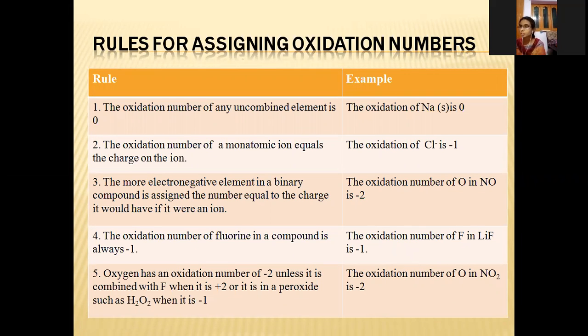The oxidation number of fluorine in lithium fluoride is -1. Oxygen has an oxidation number of -2 unless it is combined with fluorine. When oxygen is in its single form and does not combine with fluorine, the oxidation number is -2.